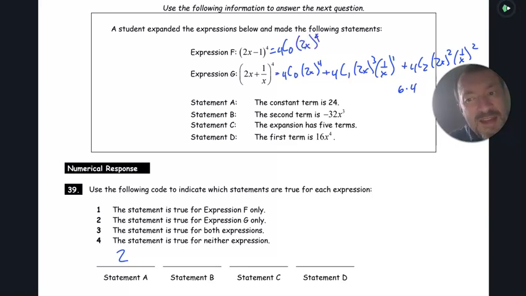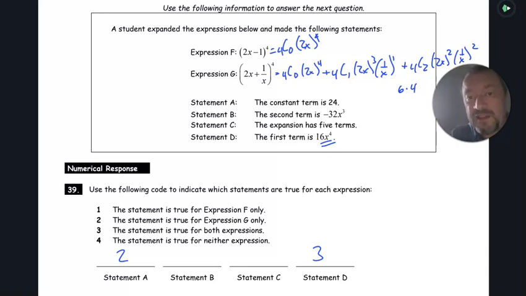Now, that is interesting right off the bat here. Now that I've written that down, notice that both of these start exactly the same way. In fact, they're both going to start with 16x⁴. Well, that's that last statement. D must be true for both of them. So I'm going to put a 3 there. I wasn't even looking for that, but that kind of popped out and fell into my lap there.